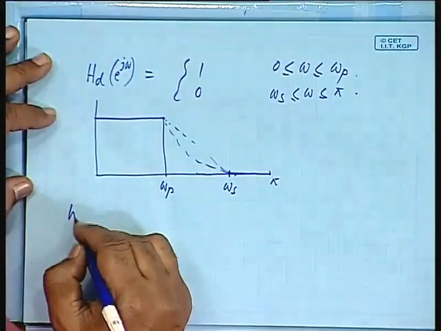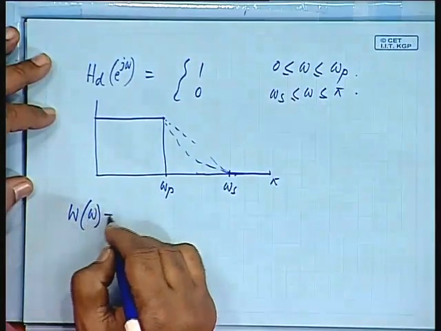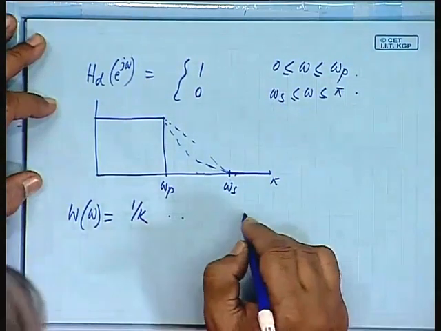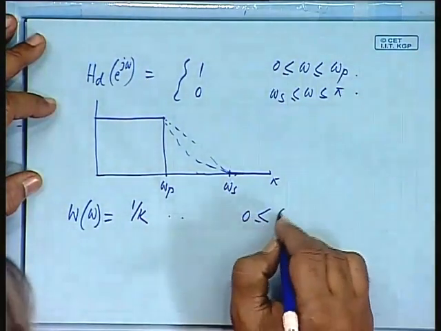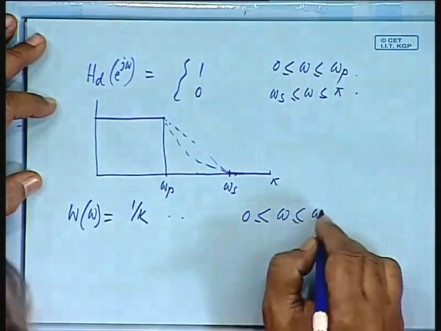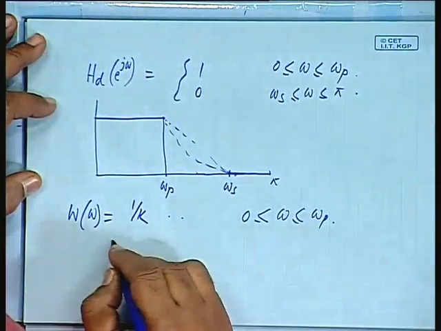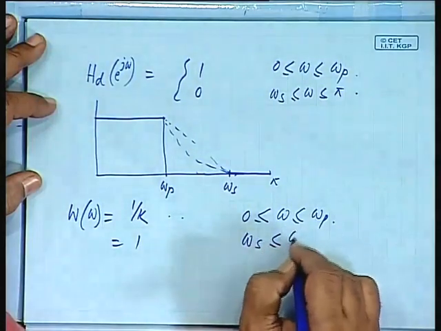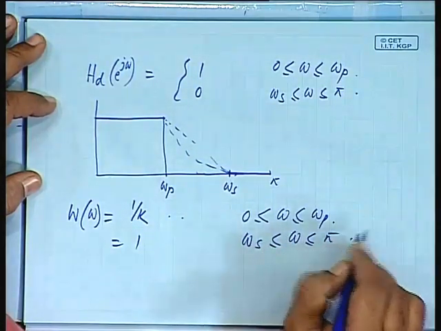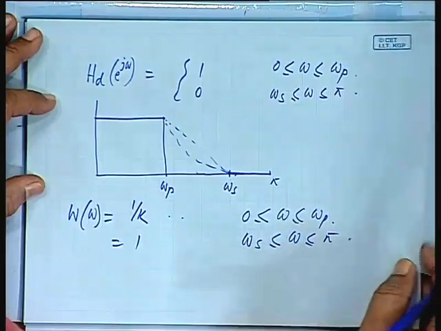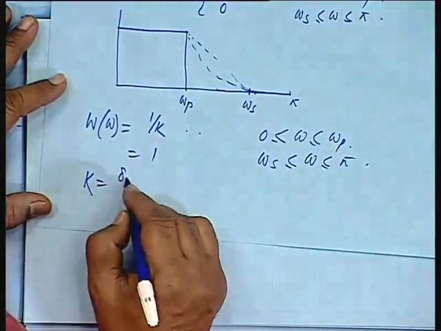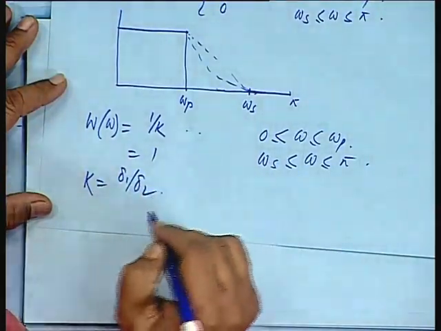So, we define the weighting function as 1 by k in the interval 0 to omega p, and equal to 1 in omega s to pi, where k we are defining as delta 1 by delta 2.